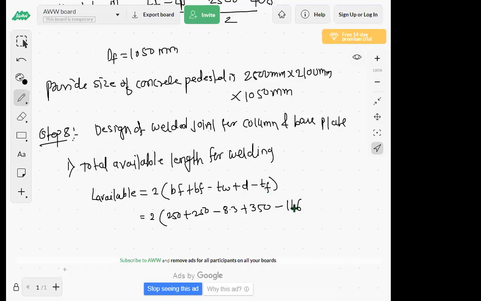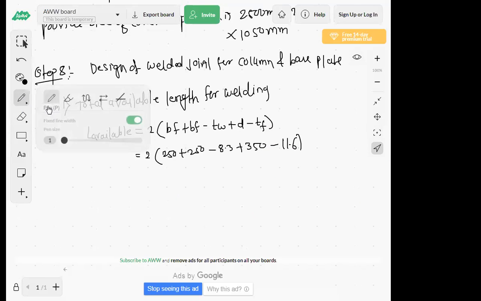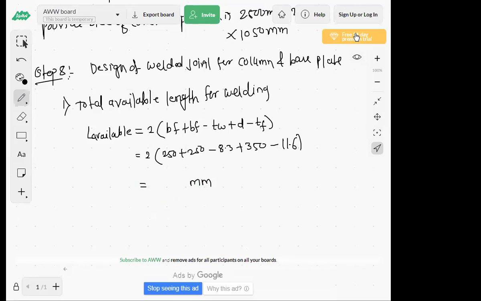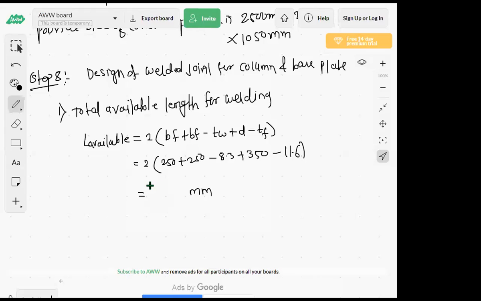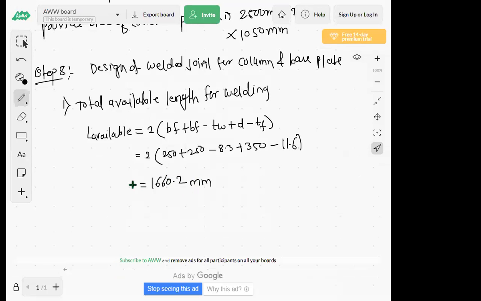Is this correct? So tell me how much available length is there? 1660.2. So this is the available length for welding.